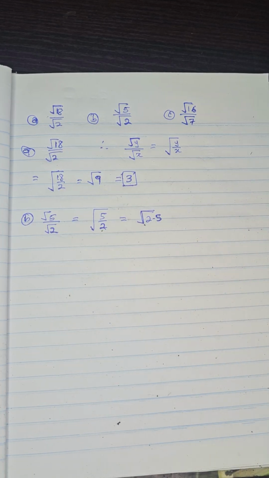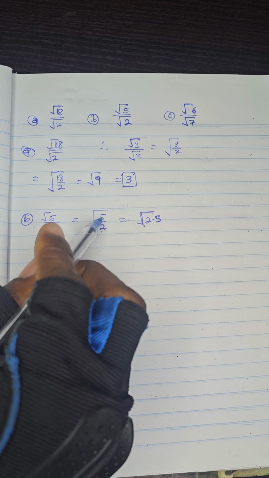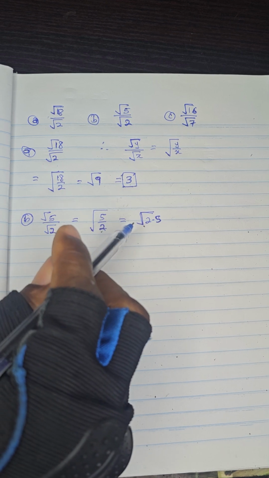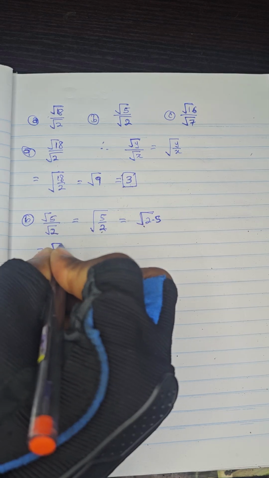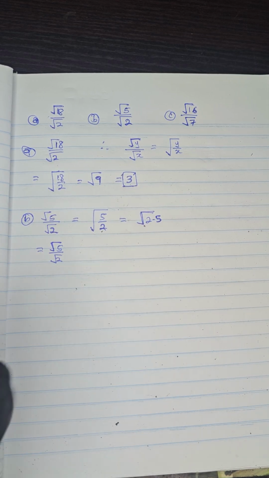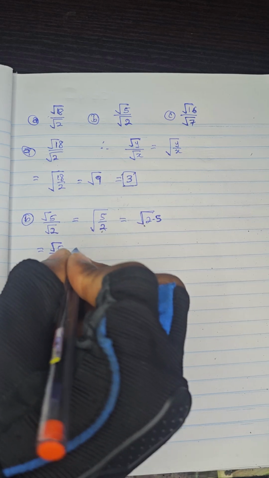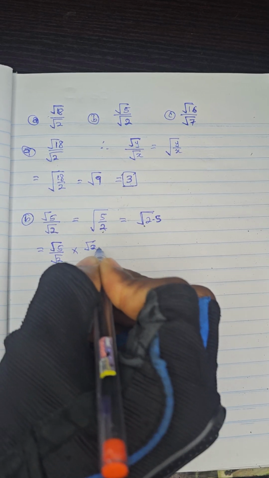So what we are going to do here is, since this cannot divide and give us a perfect square, we'll still leave it in the initial form that it was, which is root 5 over root 2, and just rationalize it. So to rationalize, root 2 is what we are going to use for division, for the factorization.